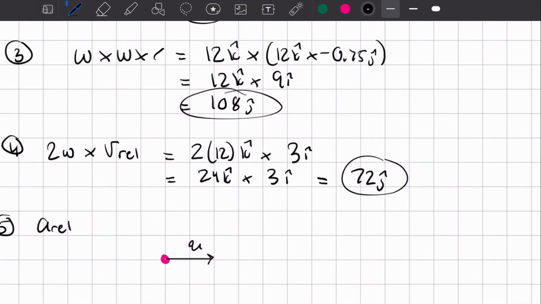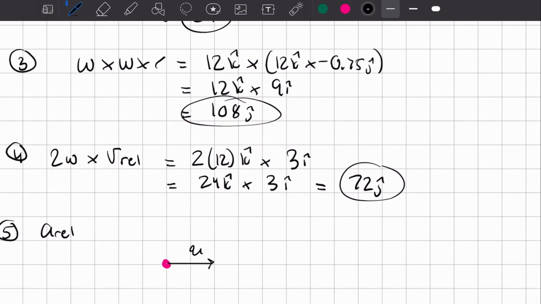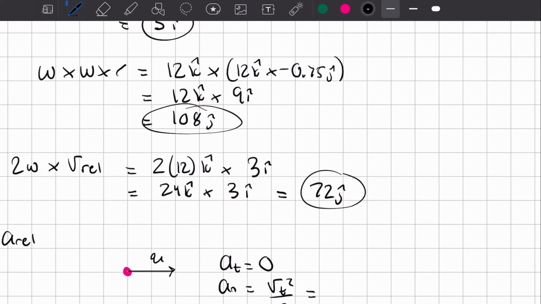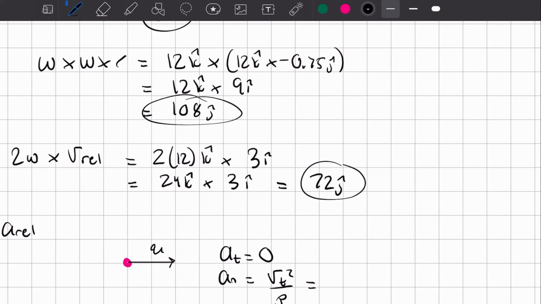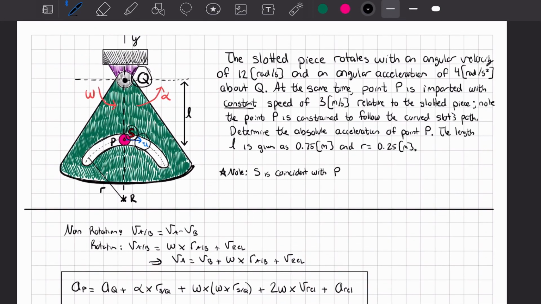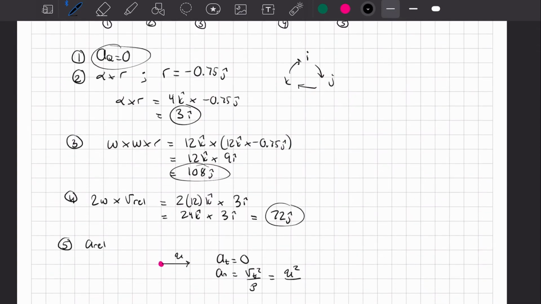So if we use our normal and tangential components, we would see that the tangential acceleration of point P would be 0 because it's moving with constant speed. However, it has a normal component of acceleration, which is given by Vt squared over rho, where rho is the radius of curvature. The tangential velocity in this case is just going to be u, and since we have constant radius in this problem, rho is just going to be r, which is 0.25 meters.